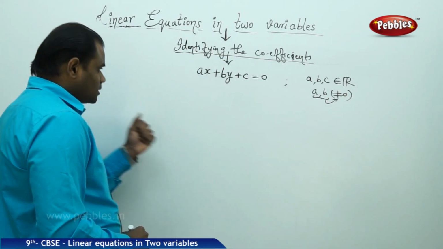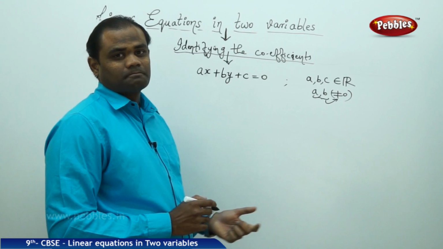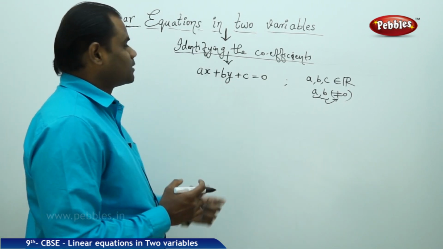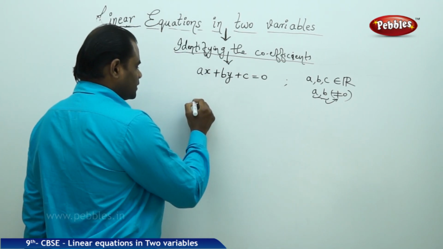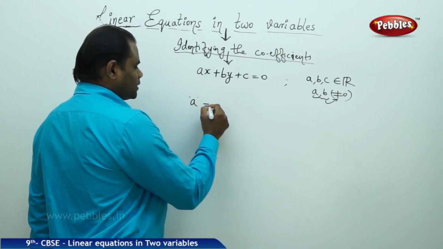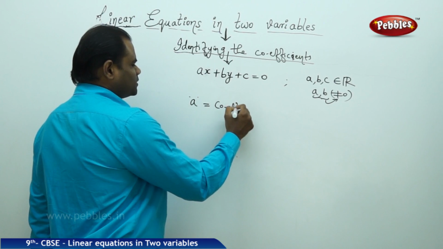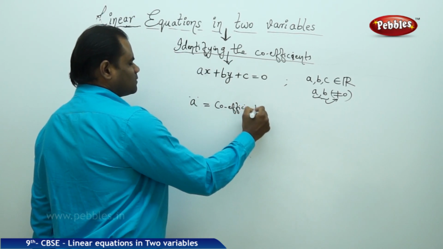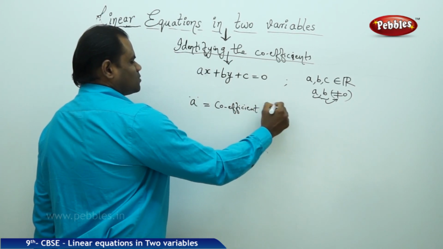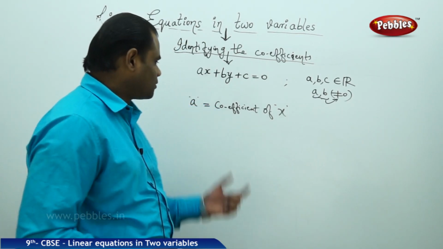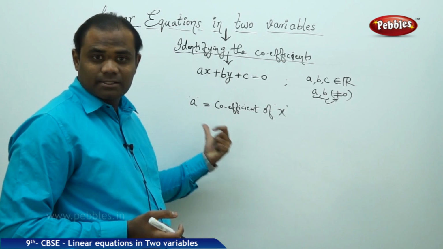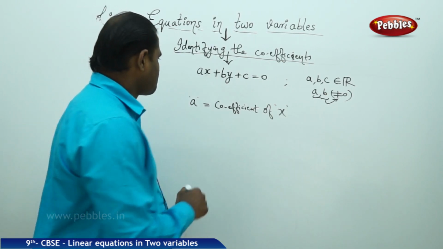So with these rules, this linear equation is about identifying the coefficients. When I want to find the coefficient a, I clearly identify a to be the coefficient of x. So for a given problem, if I need to identify the value of a, I pick the coefficient of x and that acts as the value a.